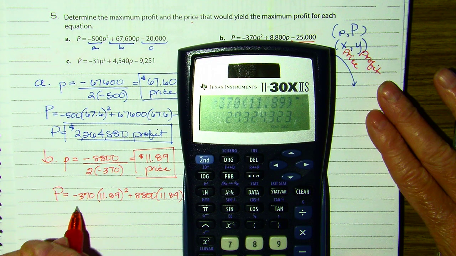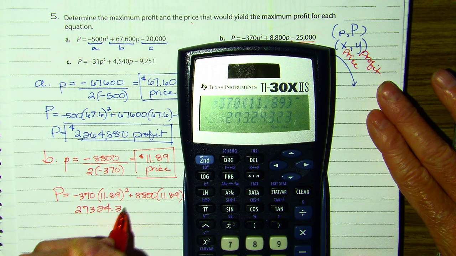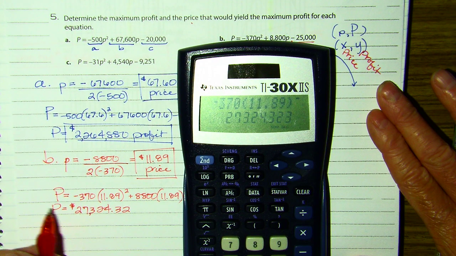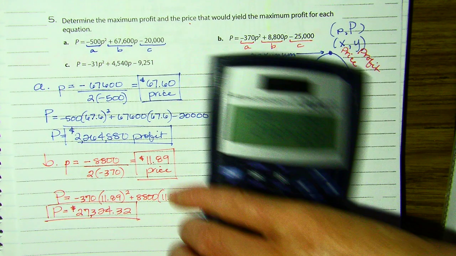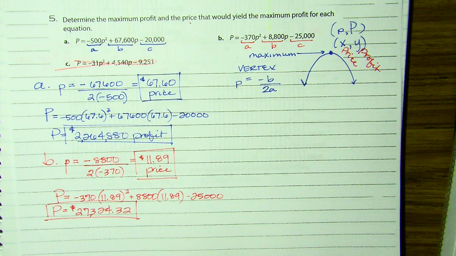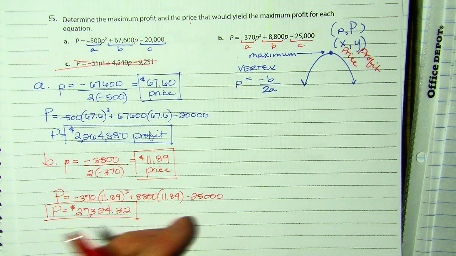And I get $27,324.32. And so that is how you do these. I'm not going to do a third. I think you can do that on your own because it's just the same process over and over.